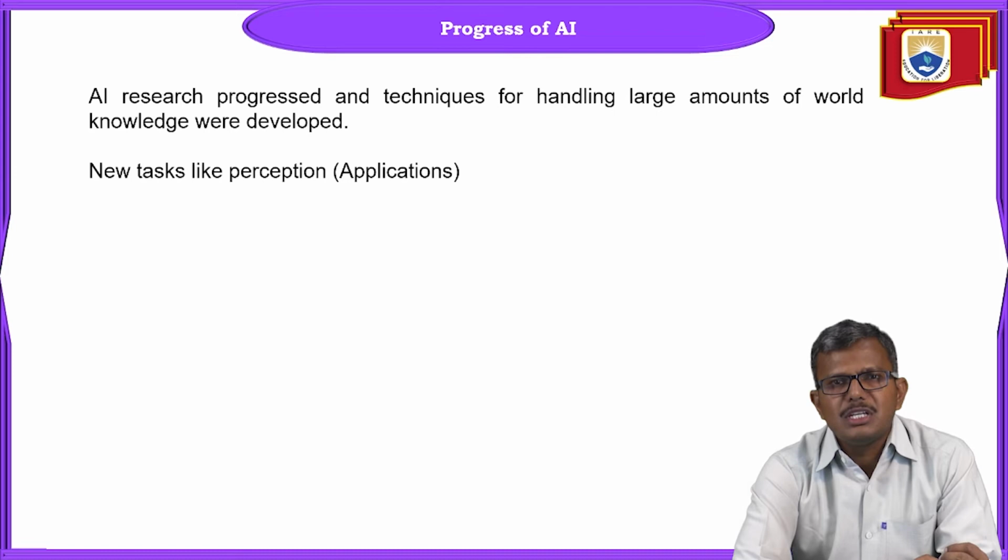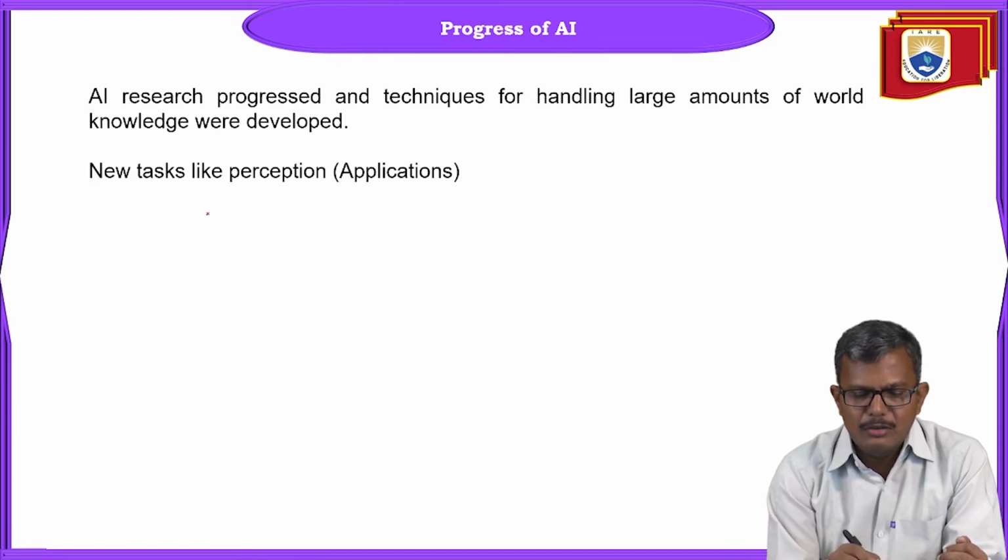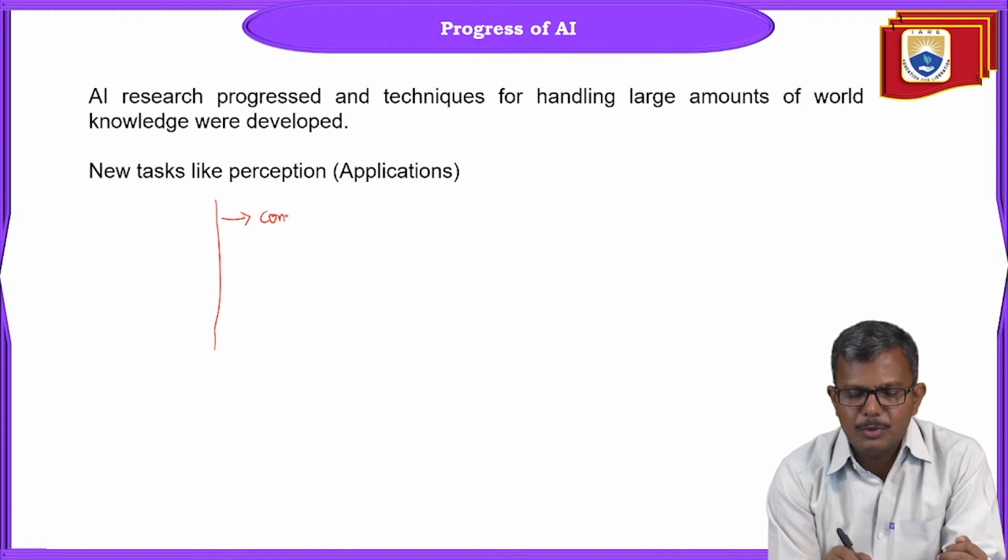The present artificial intelligence machines are capable of handling large amounts of knowledge. Because of this capability, artificial intelligence has shown a lot of progress in different application areas. For example, artificial intelligence is already proven in the area of computer vision. It has already proved itself in image and speech recognition.